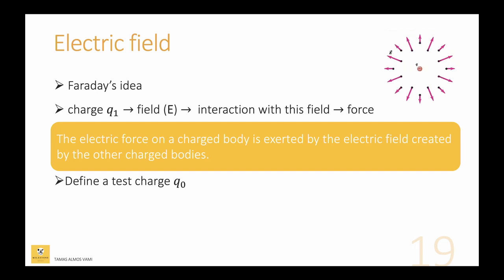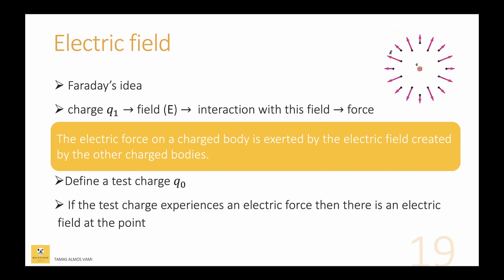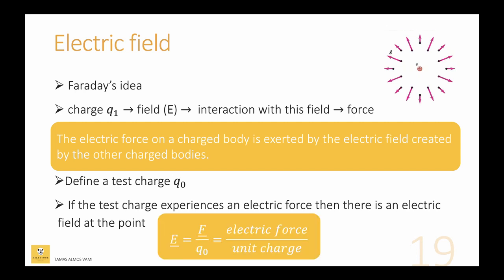So to define the electric field, we will be using a test charge which we call Q0, and if the test charge experiences any electrical force, then there is an electric field at that point. So the electric field, which is a vector, is defined by the electric force F divided by this unit charge Q0.